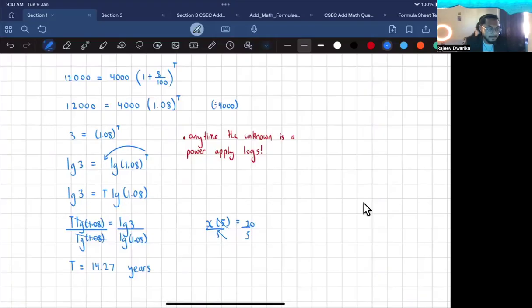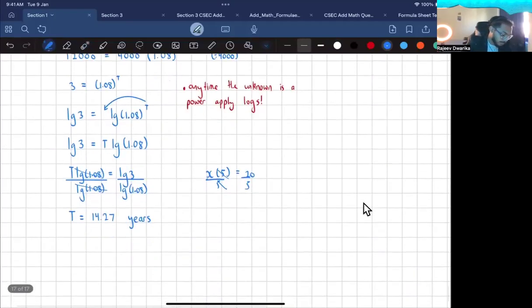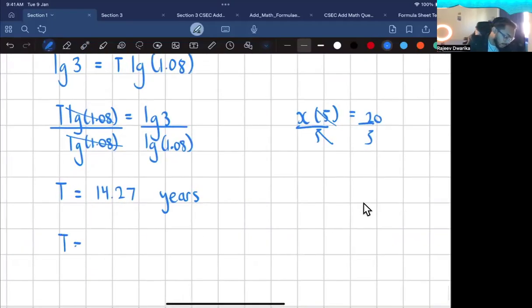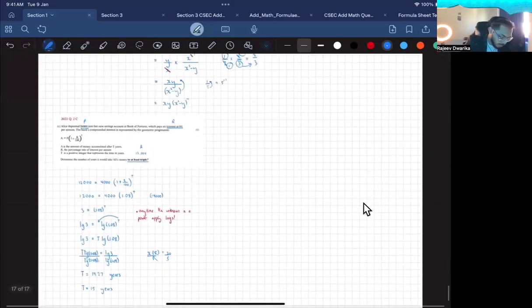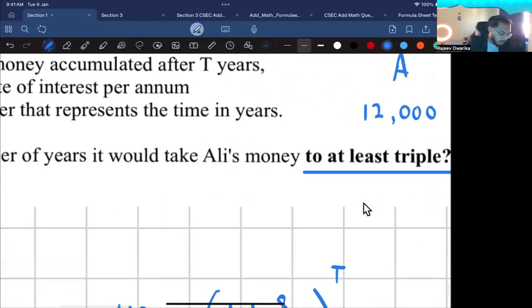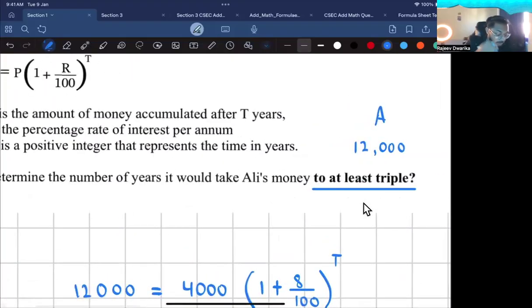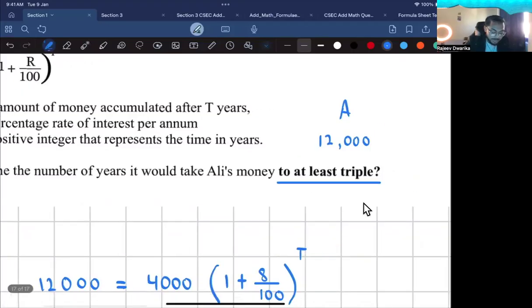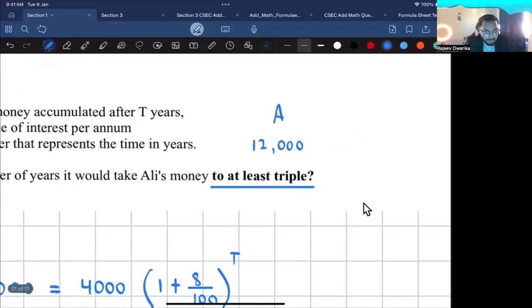I have a question. If you put like 15 years, that's correct. You know why you can say 15 years? You know why 15 is correct? Because it said to at least triple.